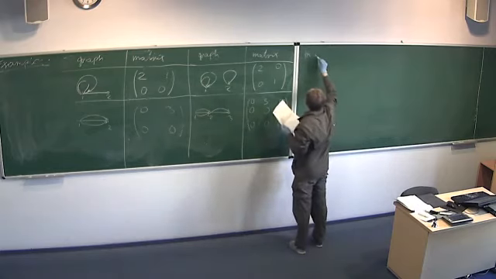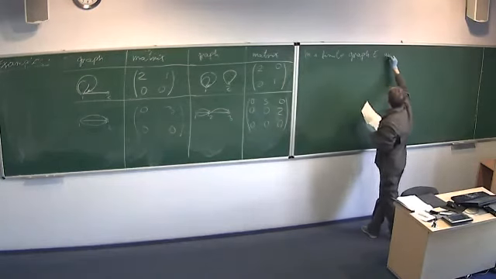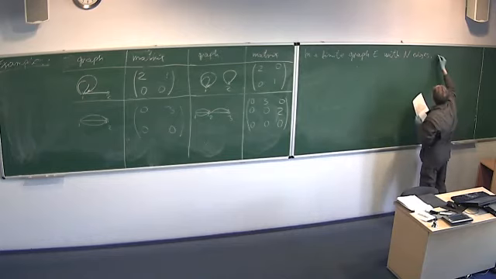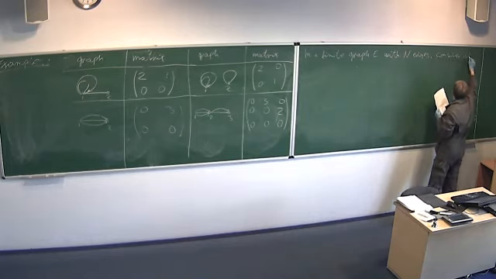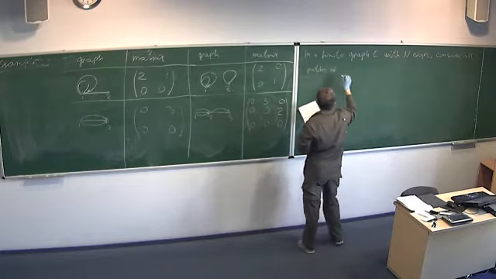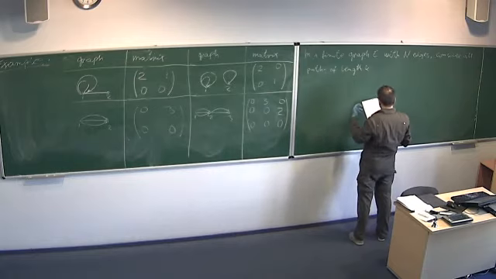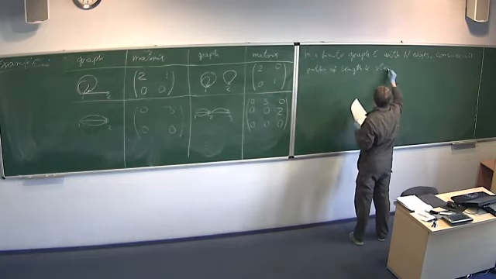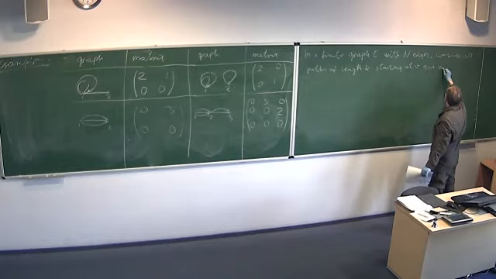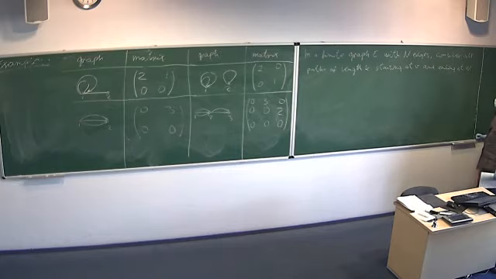So in a finite graph E with n edges, consider all paths of length k starting at a vertex V and ending at a vertex W. Well, here, actually, I'm not assuming that V and W are different vertices.